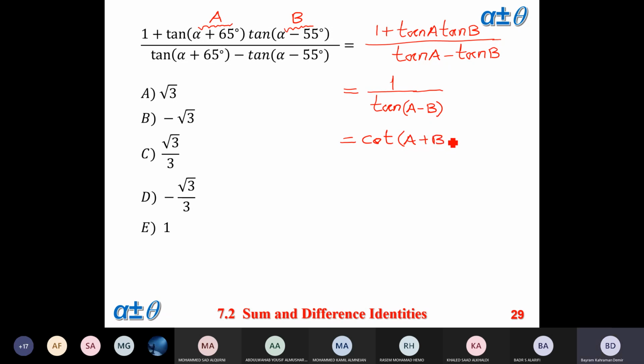All right, now we know the A and B, right? So can you tell me what is A minus B, Shabab? Not plus. Who's going to tell me? 65 plus 55? 55, yes. It is equal to cotangent what? 120.